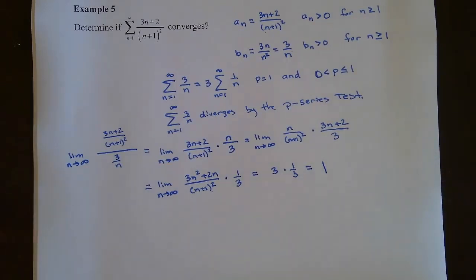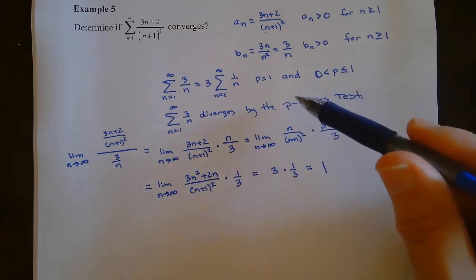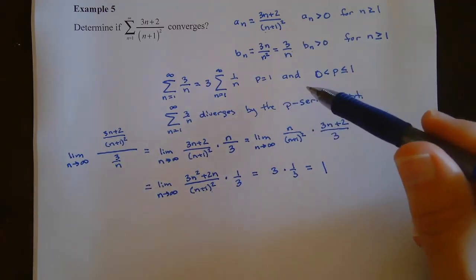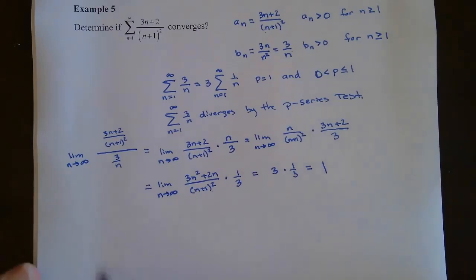Now, what does that tell us? For the limit comparison test, this came out to be a number between 0 and infinity, so it came out to be a positive number. And what that tells us is they behave the same way. So what do we know about the series we were comparing it to? It diverges. So this one must also diverge. And we can make that conclusion now.